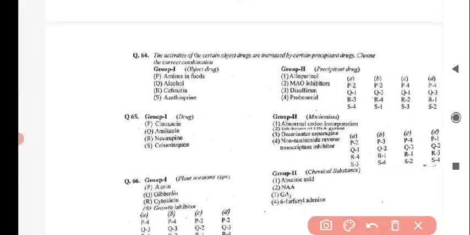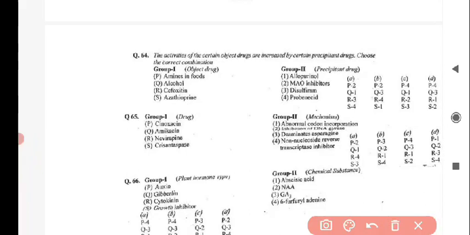Okay, so now moving to the next question. The question is: the activities of certain object drugs are increased by certain precipitant drugs. Choose the correct combination. The first column contains the object drug, and the second column contains the precipitant drug.